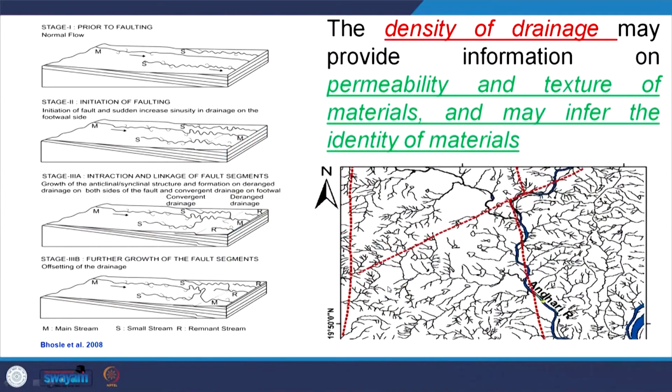For example, if you see this figure, this drainage basin is part of the Pranhita Godavari valley. Here this river, the Andheri river, separates two different lithologies. The left side is Gondwana sandstone, and the right side is granitic gneiss migmatite, or the peninsular gneissic complex.